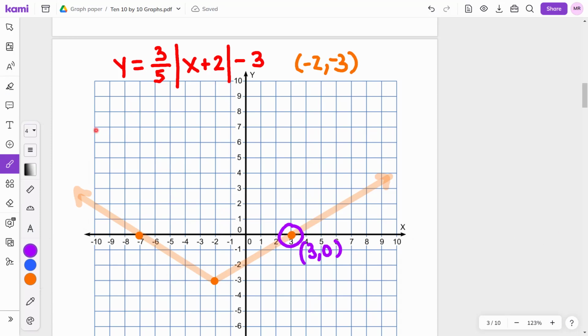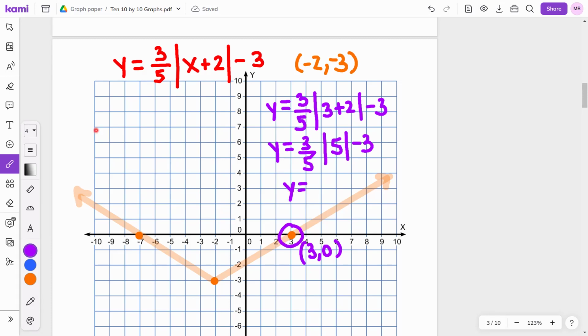So let's see. Y is equal to 3/5 times the absolute value of 3 plus 2 minus 3. So inside my absolute value, my 3 plus 2 is going to be a 5. And when I take the absolute value of 5, I'm going to get a 5.